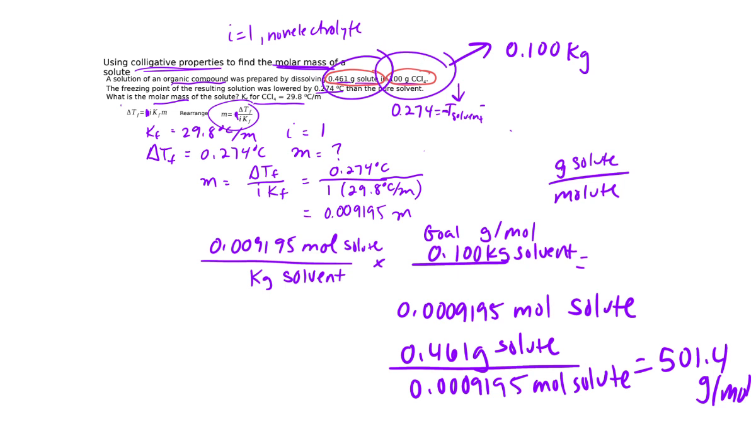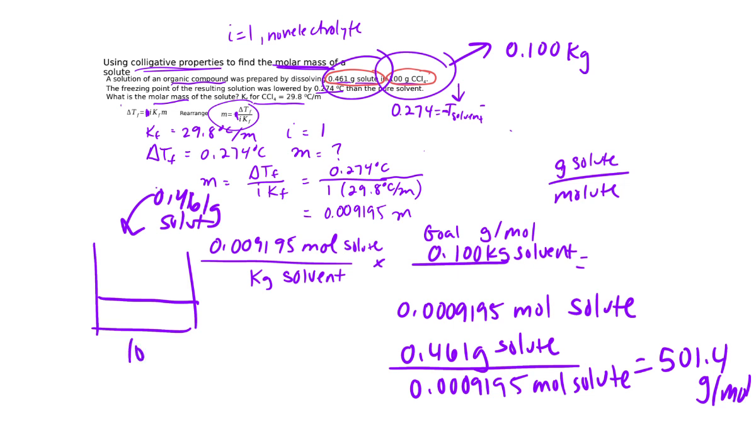What we did when we made our solution is we put 0.461 grams of that solute into a beaker with 100 grams of carbon tetrachloride. Those are both in the beaker. Okay?